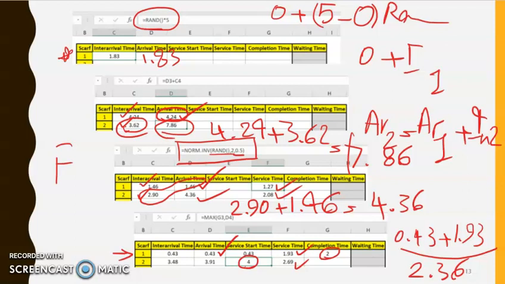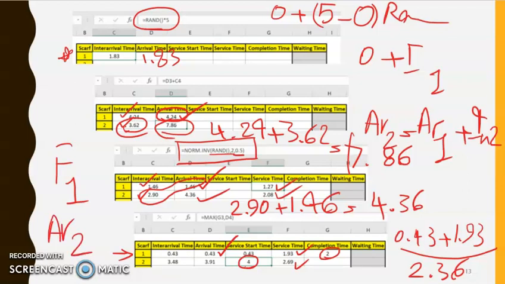For example, if it is the second customer, the finish time of the first customer is the service start time, because when customer 1 is done, the service of the second customer starts. So it is F1. And if there is no one in the system, the service start time is just the arrival time of the second one.